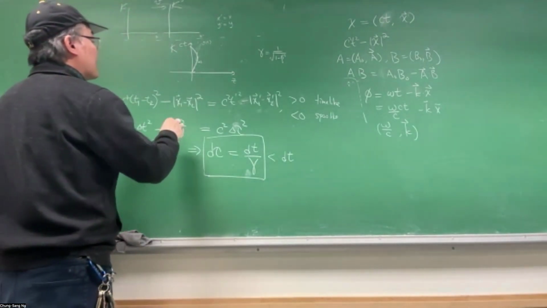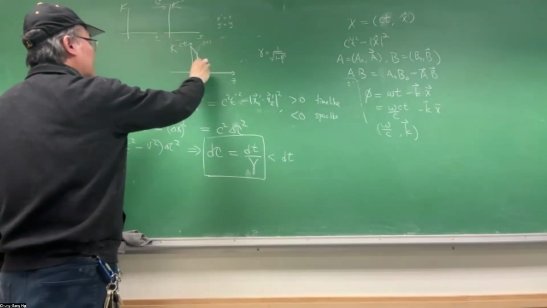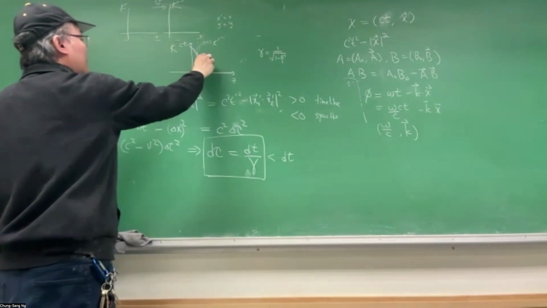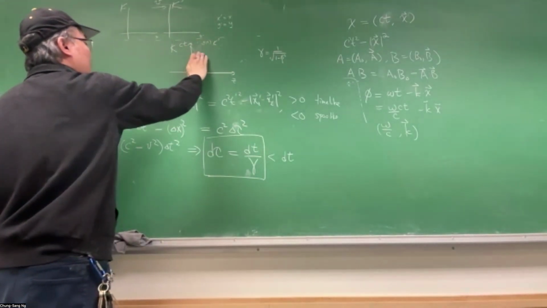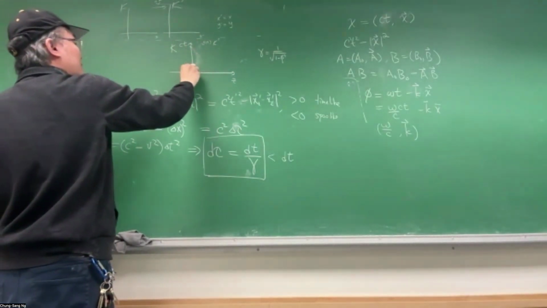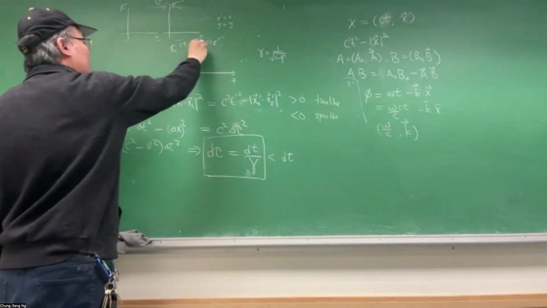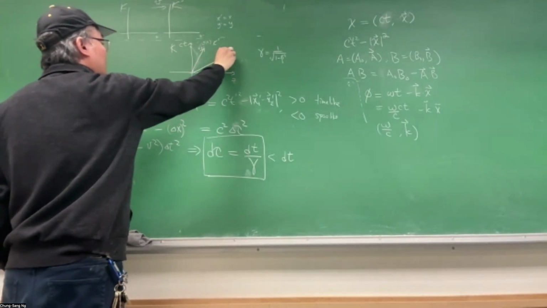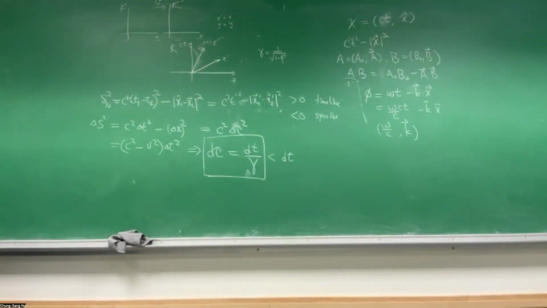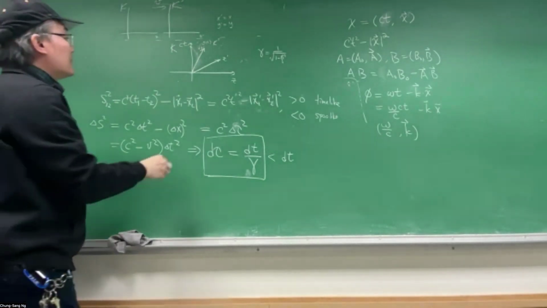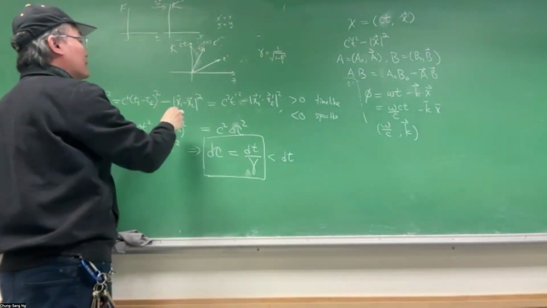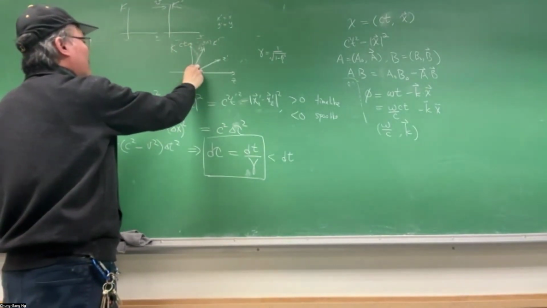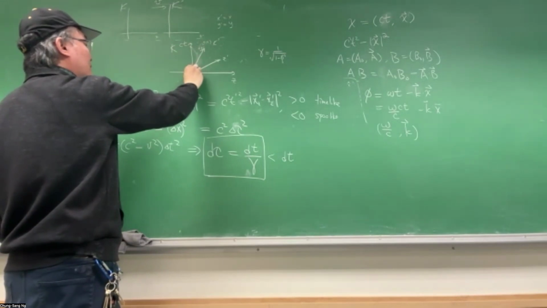Basically, the idea is that you have a frame, say the K prime frame, moving relative to K with a certain velocity. This is your ct point. This becomes your d point. What the contraction means: originally in the K prime frame, you have some kind of distance, like a ruler.